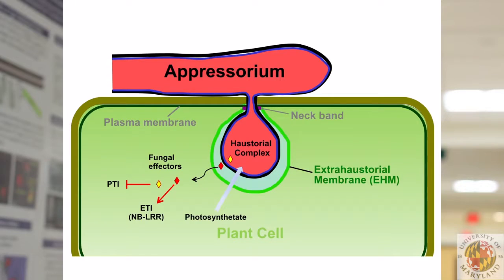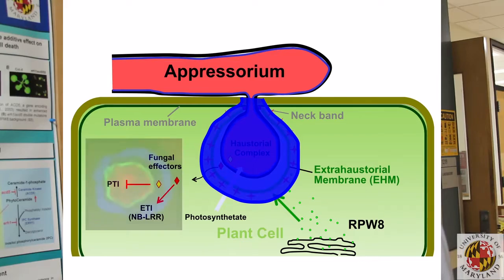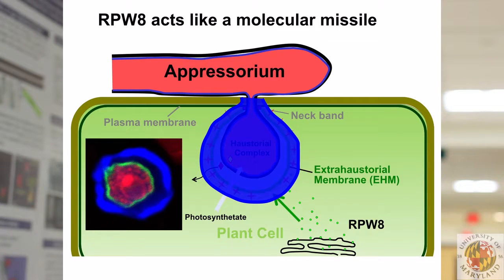Based on our studies, we found RPW8 functions right at the host pathogen interface to constrain the fungal feeding structure called the haustorium. So in terms of defense action, RPW8 functions just like a molecular missile.